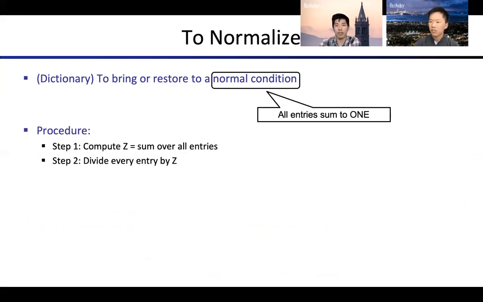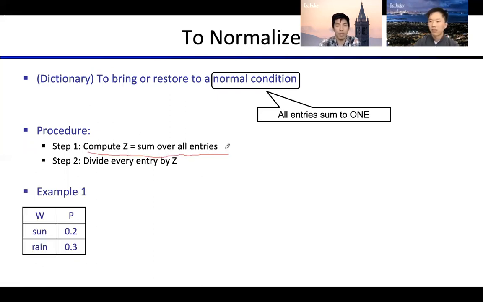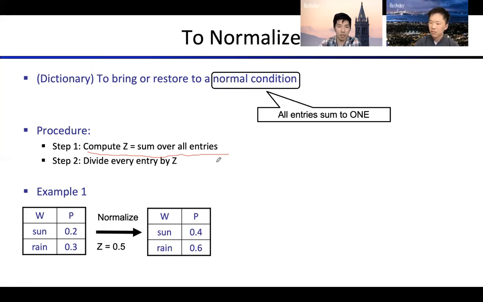Like Masoud said, the normalization trick is essentially computing a Z, where Z equals the sum over all the entries, and then you divide every entry by Z. For example, in the last example, Z would be 0.5 because 0.2 plus 0.3 is the sum over all entries. And 0.4 is calculated by 0.2 divided by Z, which is 0.4.